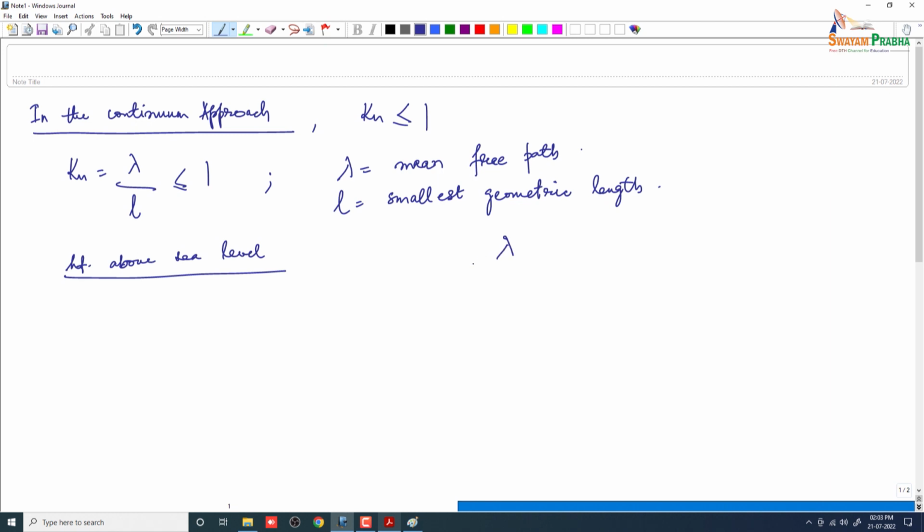At standard sea level, lambda is about 2.1 into 10 to the power minus 7 feet. That's small enough. As we go higher up, at 50,000 feet, it's 1.2 into 10 to the power minus 6 feet. At least 10 times more, right?